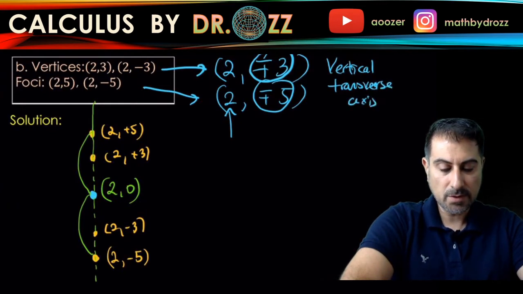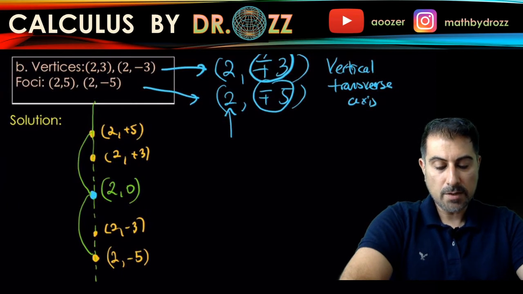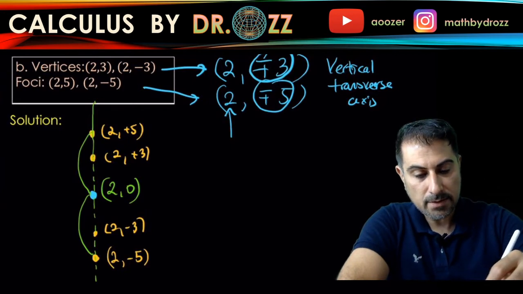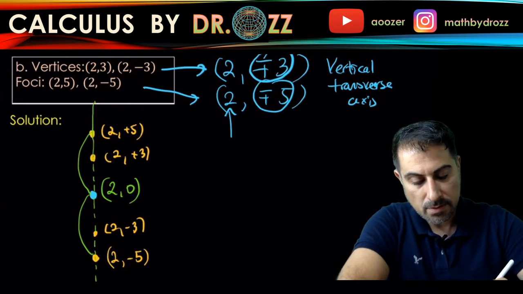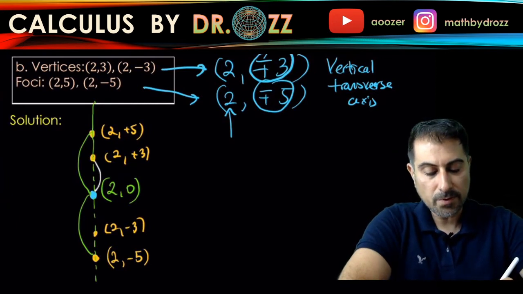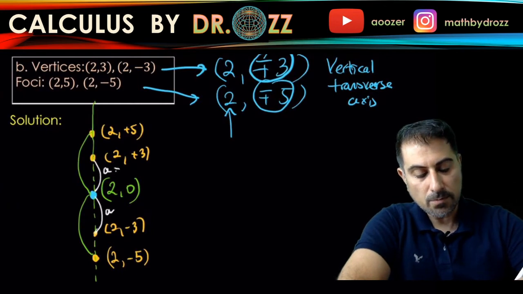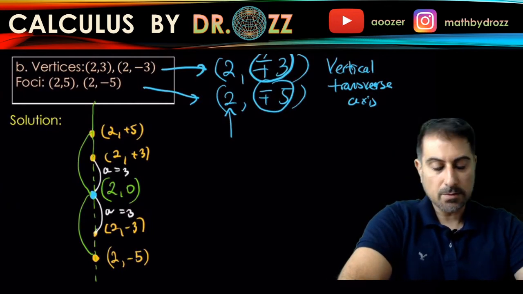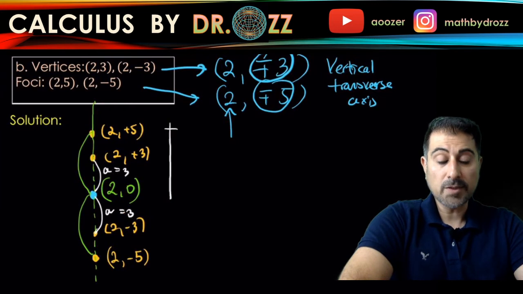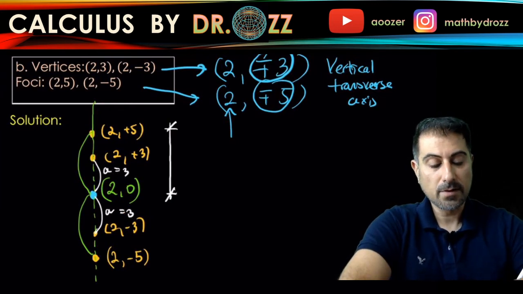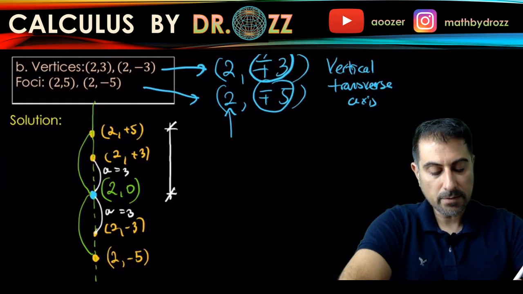Well, the distance from the center to one of the vertices is just a, and that distance is 3. And the distance from the center to one of the foci is, in fact, c, and in this case, it's 5, and the same here.